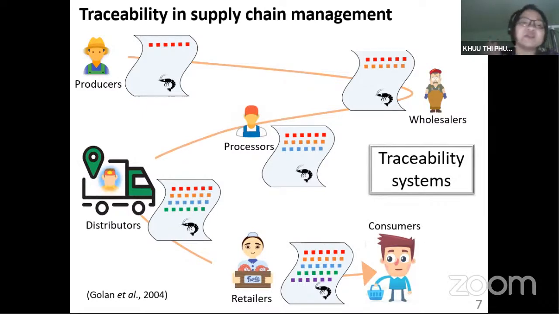This is traceability. They don't have to think about the QR code. They don't have to think about barcodes. No. At the beginning, they first think about how we can share the information together, how we build the interaction, and the willingness to share information among agents of the supply chain.